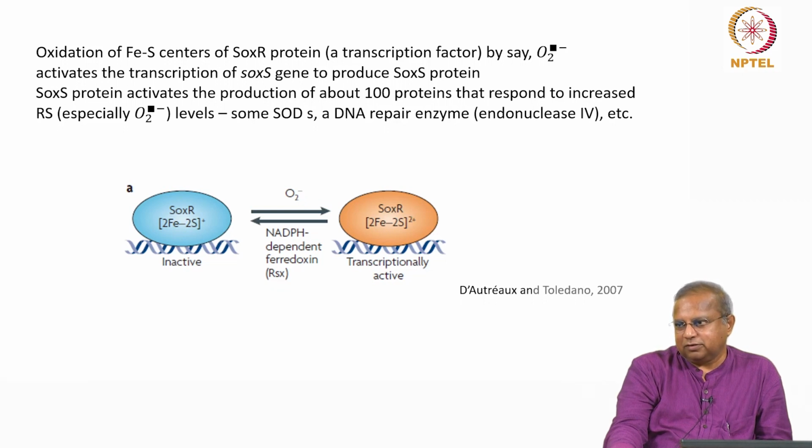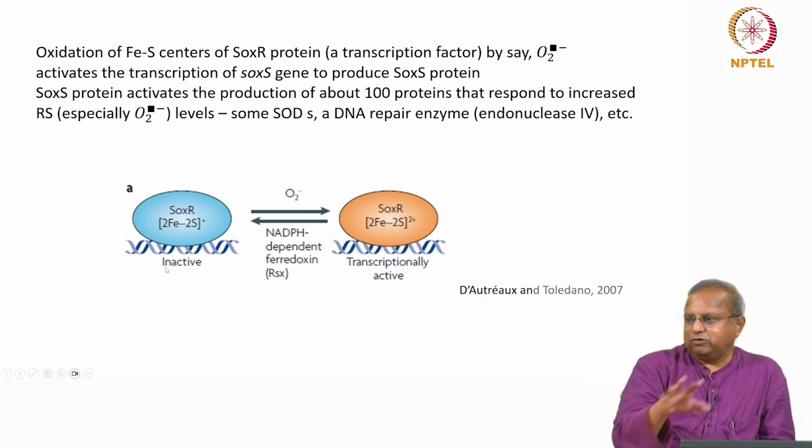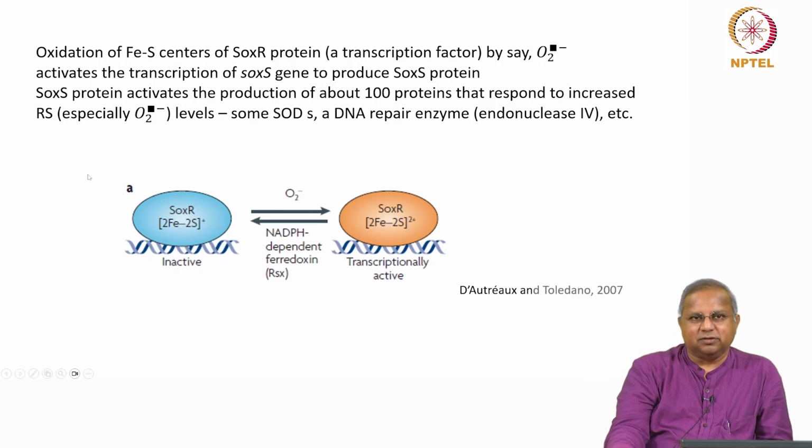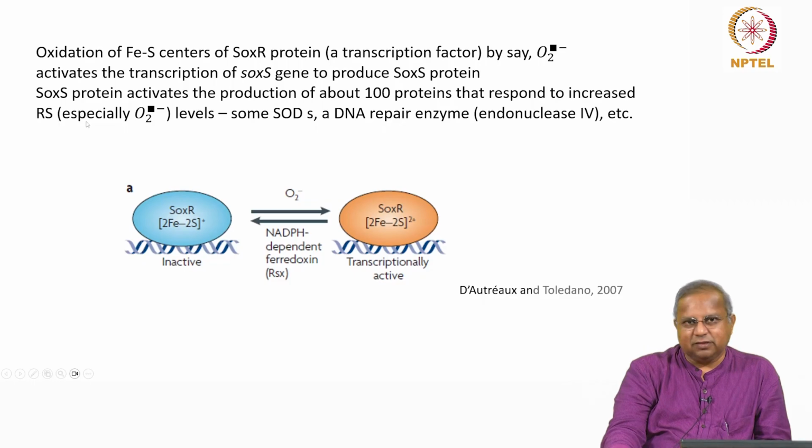Not clear? Okay. So you have a SOXR protein in a reduced state, 2Fe2S with a single plus. In this state, it is inactive, and it won't cause any transcription of the DNA.